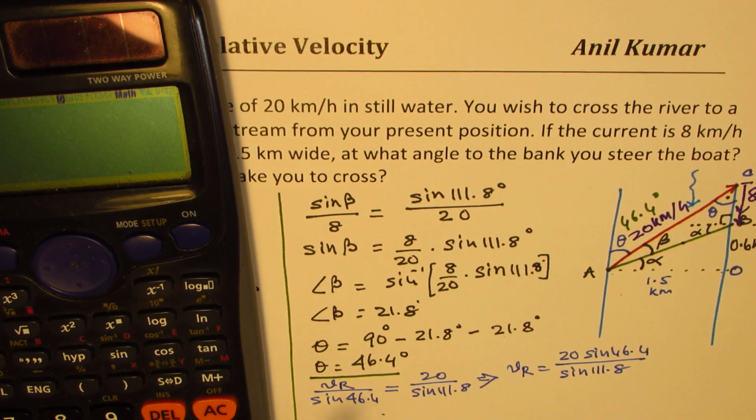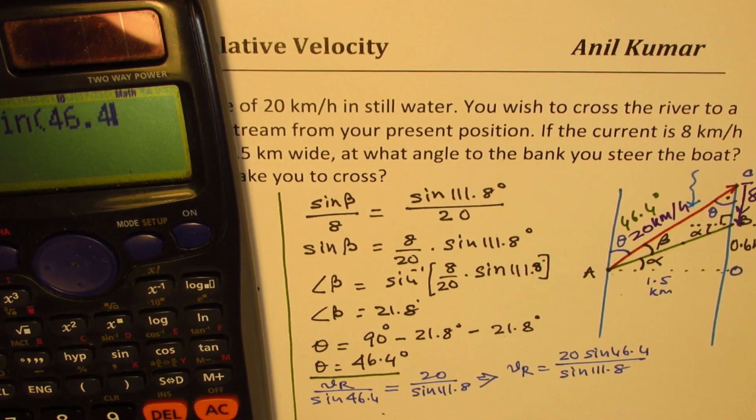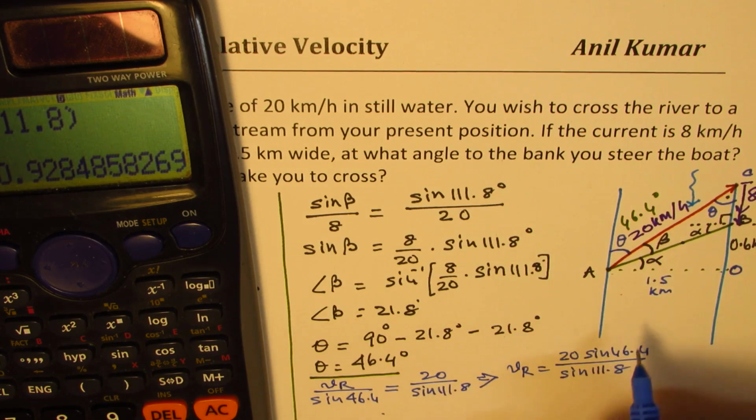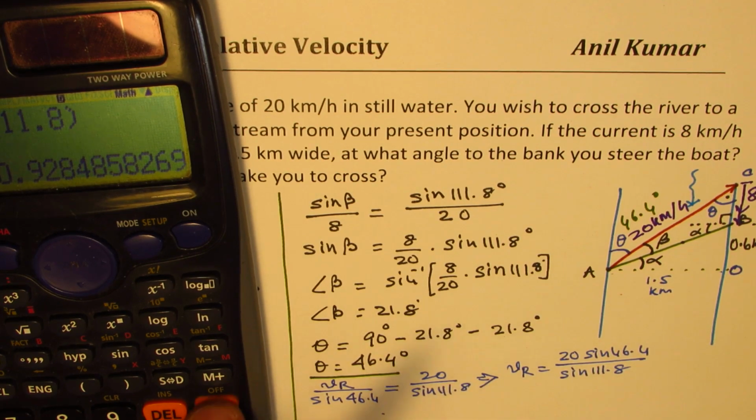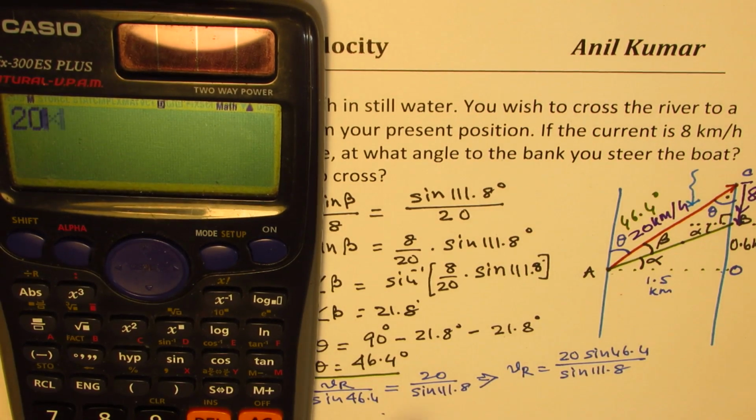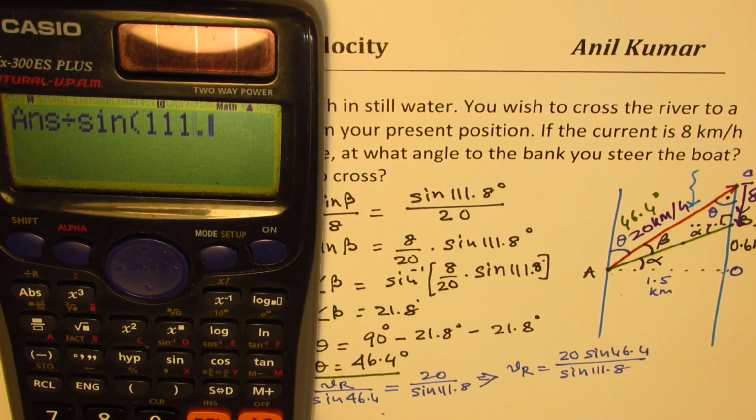So we'll do 20 times sine of 46.4 divided by sine of 111.8, right?